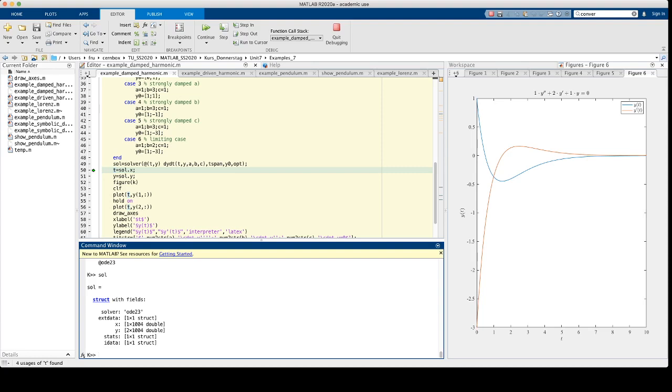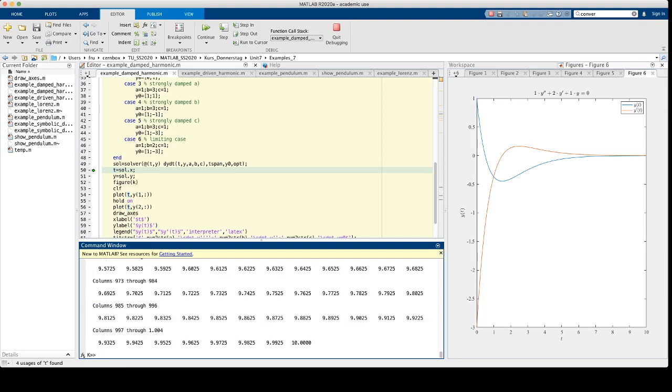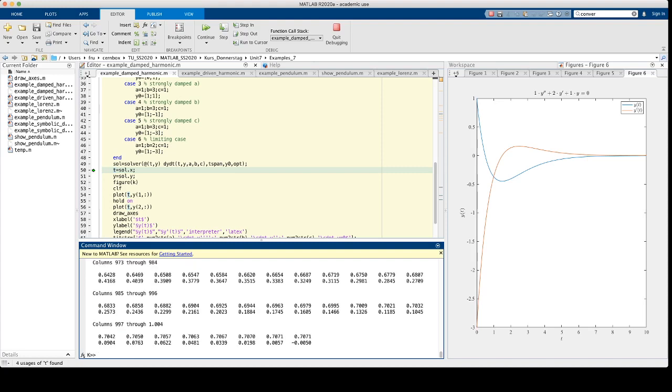What's important for us is sol.x. These are the values of the independent variable. And sol.y is a 2 times n array which contains the solution y in the first row and the derivative y prime in the second row.